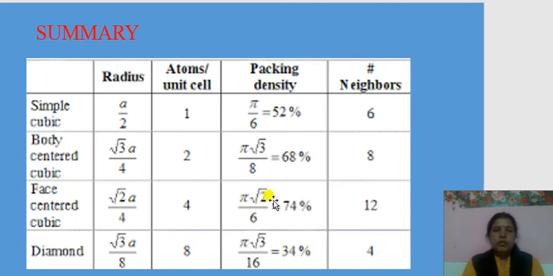For BCC, radius root 3a by 4, atoms per unit cell 2, packing density 68%, and 8 is the coordination number. And for FCC, atomic radius root 2a by 4, number of atoms per unit cell is 4, packing density 74%, and coordination number is 12.